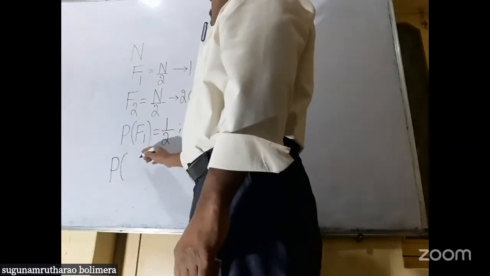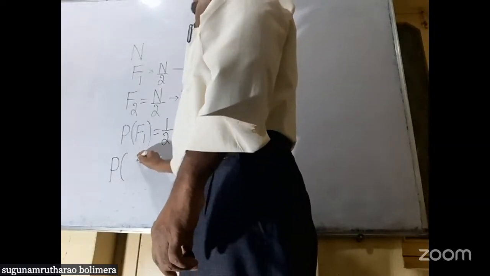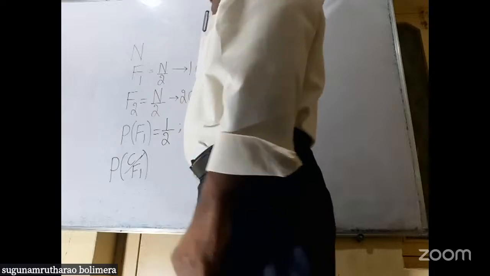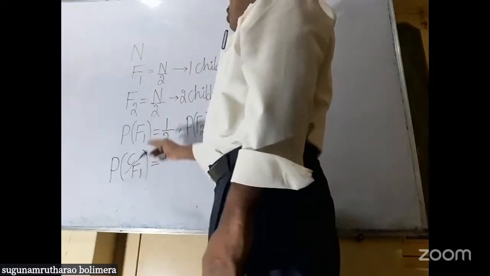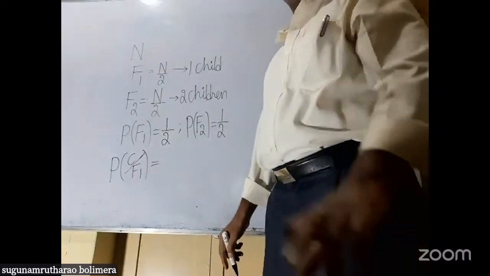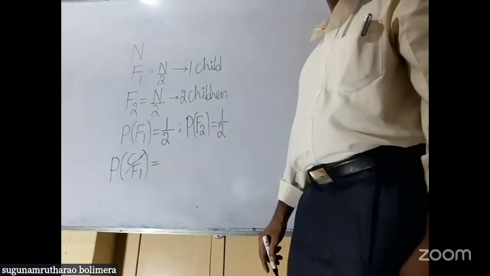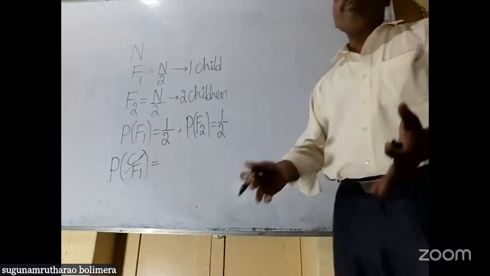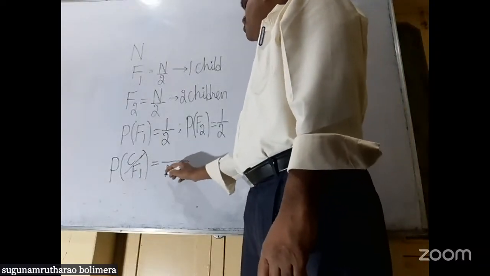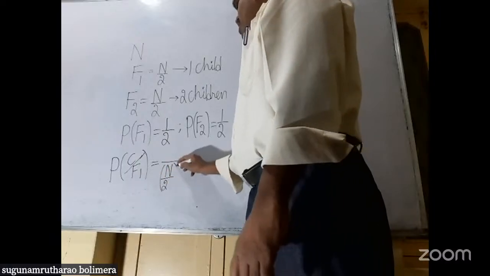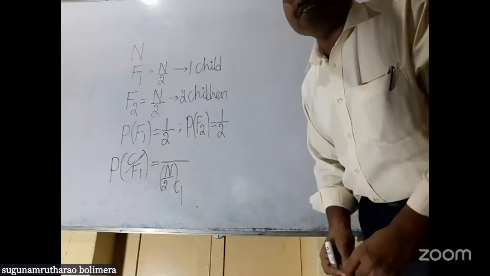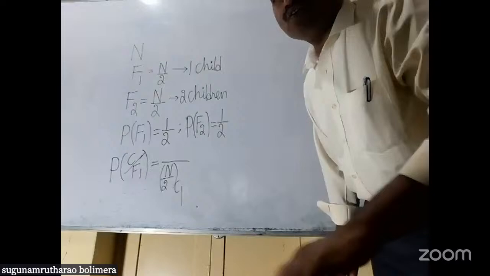So if you choose F1 and take a child from F1, you are having N by 2 number of children, out of which you have to choose one.